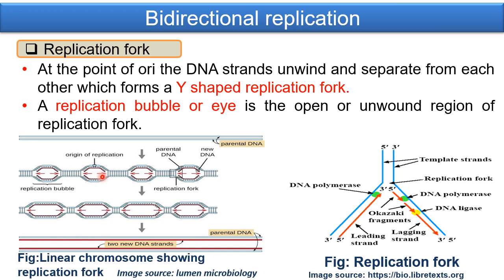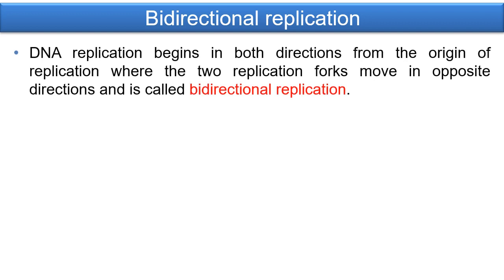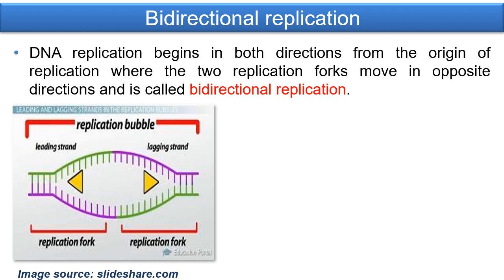The replication will go in both directions from this origin or replicon, which I am putting in the next slide. So DNA replication begins in both directions from the origin of replication, as I have already told, where the two replication forks move in opposite directions, and this is called bidirectional replication.